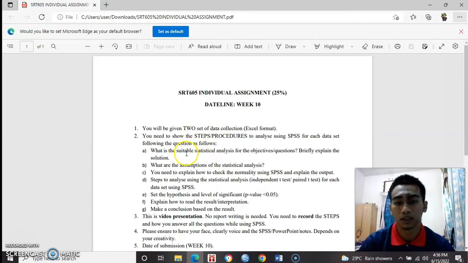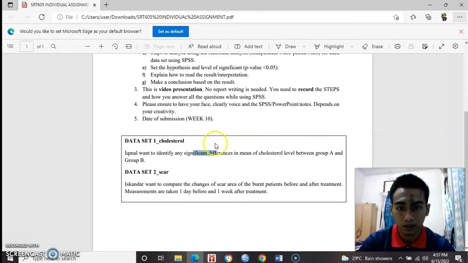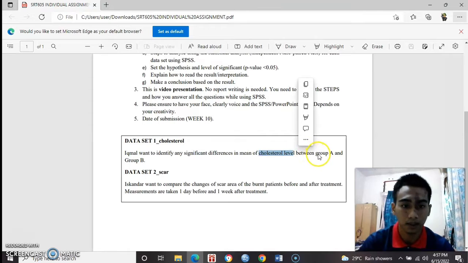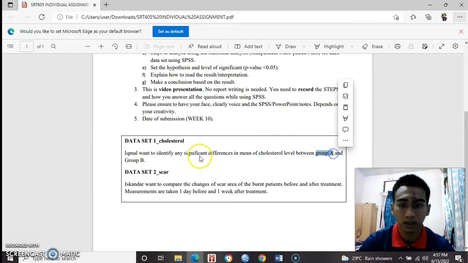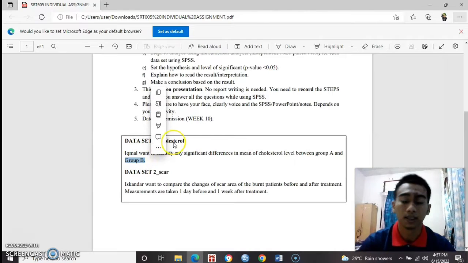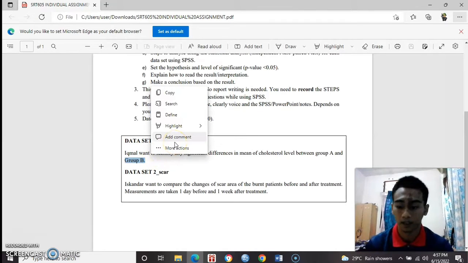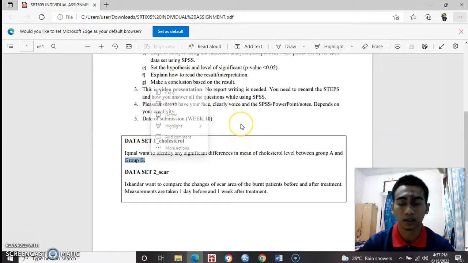The dependent variable is the cholesterol level, and the independent variable is group A and group B. The observation is independent samples, and the distribution of the data is the test of normality by using the histogram and the Shapiro.